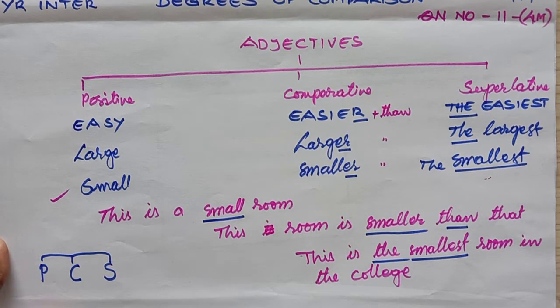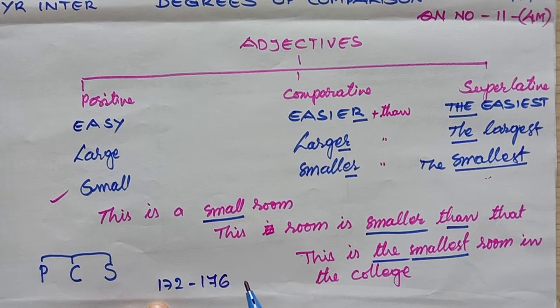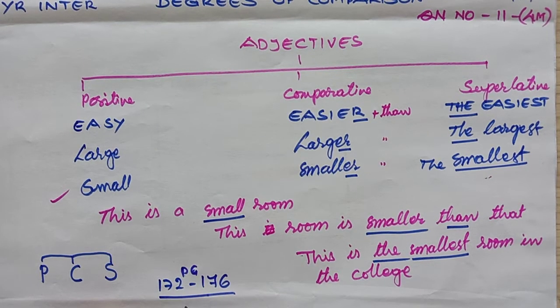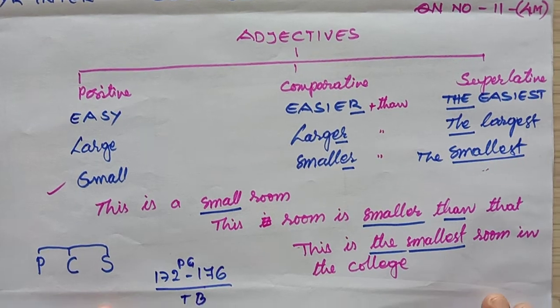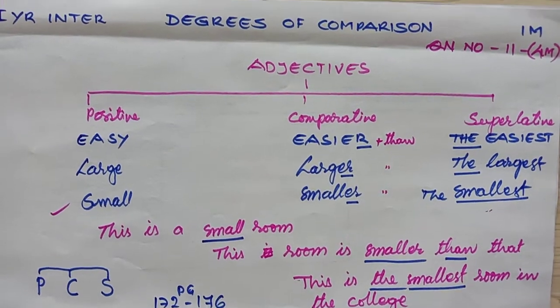There is a big list of words in our textbook, from page number 172 to 176. Content is very small, 4 pages content is there. Just if you read, you'll understand.